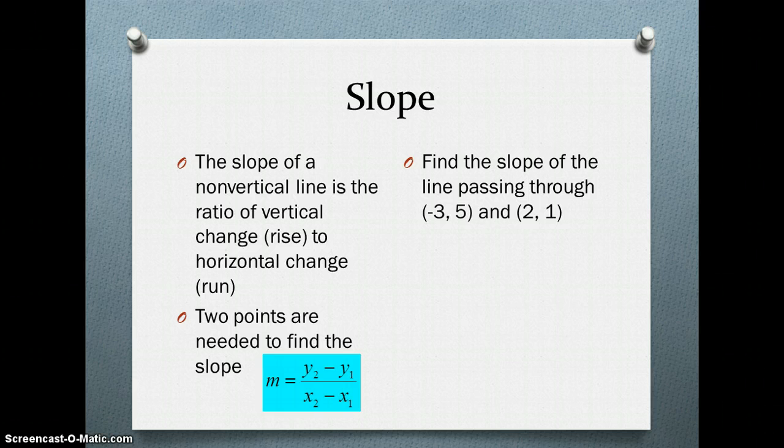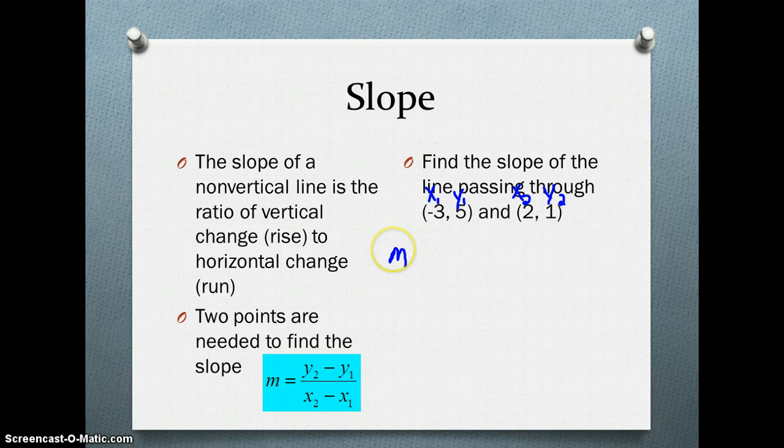So if we look at that here, with our example, x1 would be -3, y1 would be 5, x2 would be 2, and y2 would be 1. I just number them. The ordered pair that comes first, I make my 1, and the ordered pair that comes second, that becomes my 2.